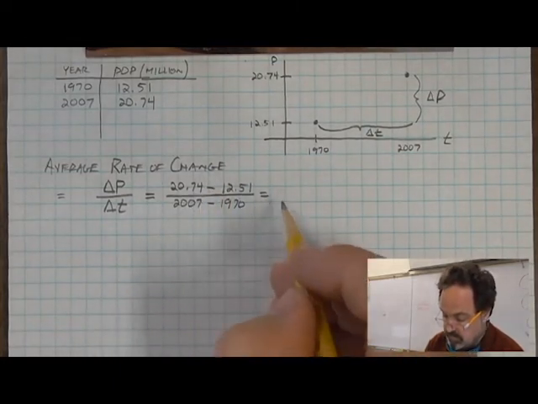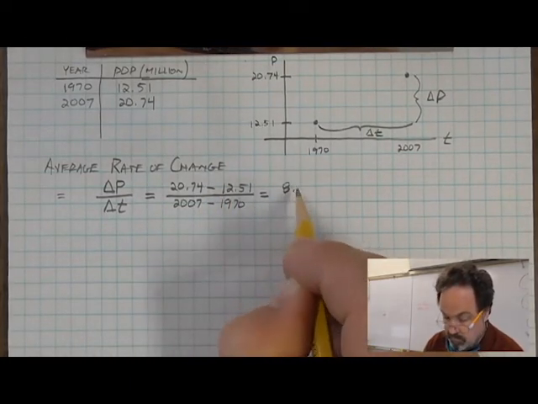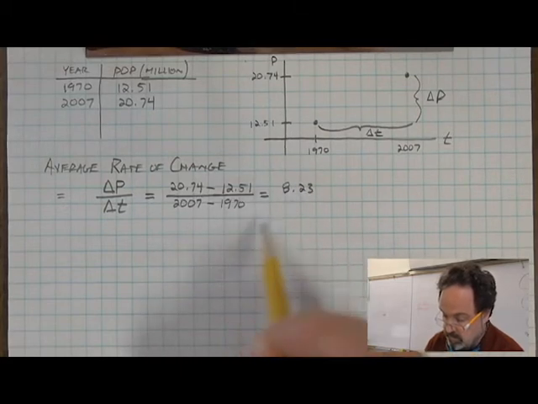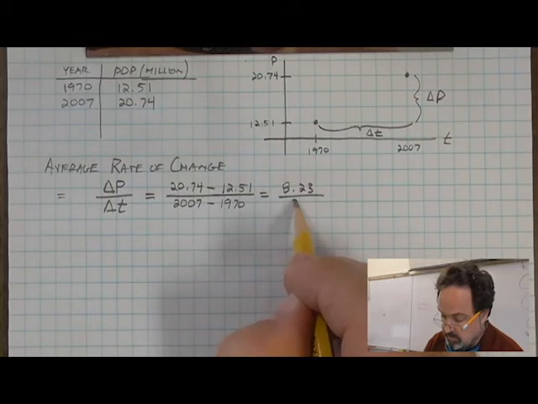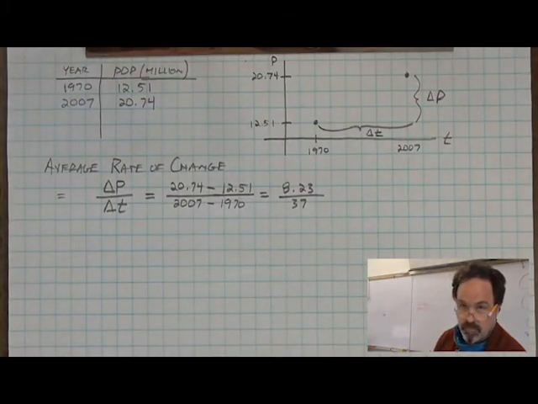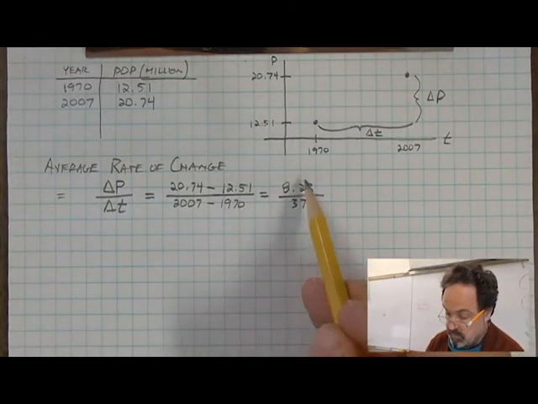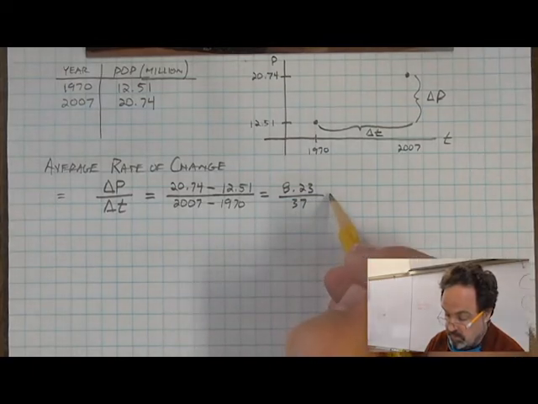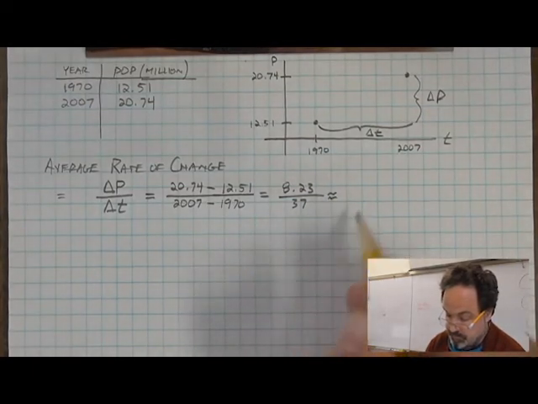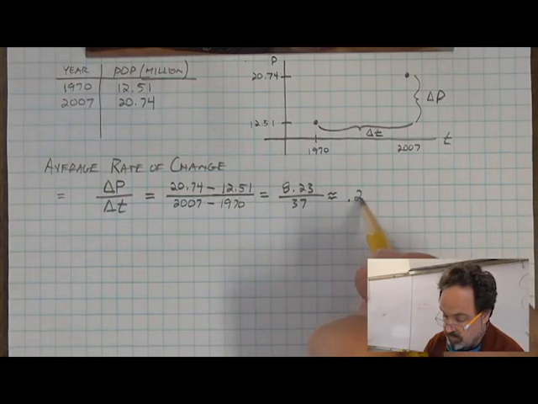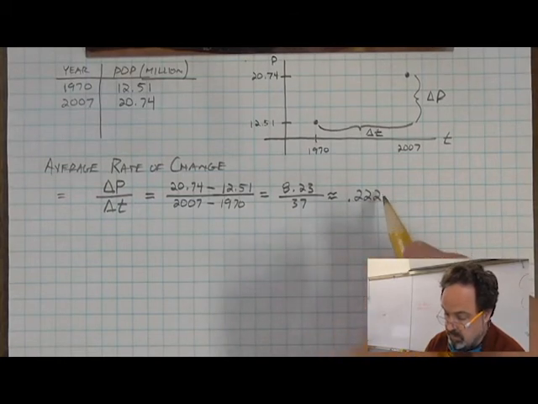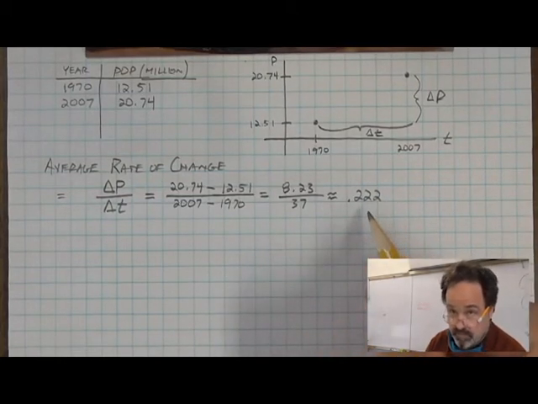So if I find these differences, I have previously with a calculator found the difference in population to find the change in population, and the difference in time to find the change in time. This fraction here can be approximated as 0.222, rounded to the nearest thousandth.